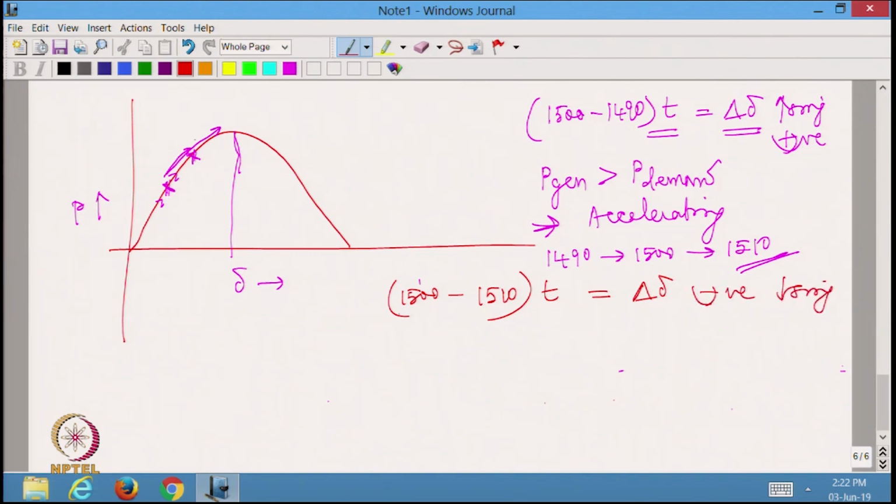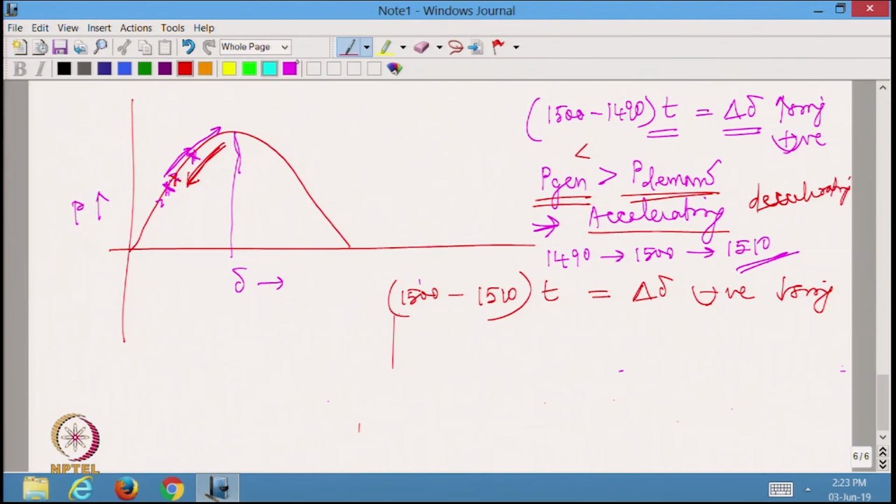When it is decreasing, the machine will start moving in this direction. So, I am going to have a reduction in the power that is being generated. It might reach a point where it reaches here. At this point again the machine will realize that P generated is smaller as compared to P demand. So, again the machine will be decelerating or retarding.